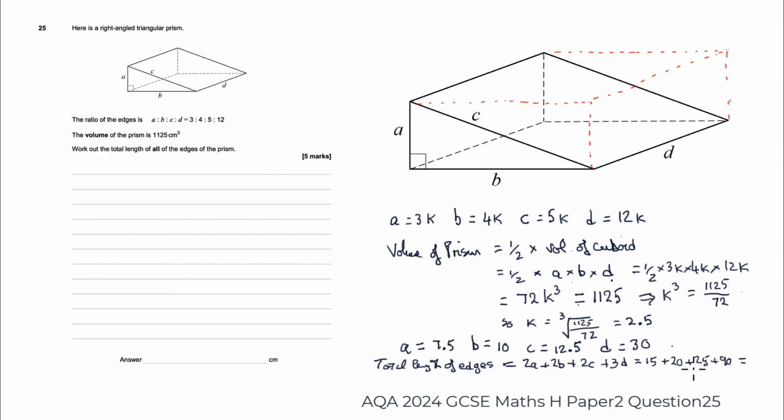When we add all of these up, we get 110, 135, 140, 150. Of course, your calculator should be used for that, just to reinforce that you've got the right answer. So it's 150 centimetres for the total length of the edges in that triangular prism.